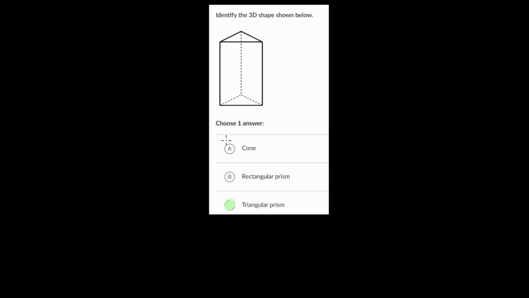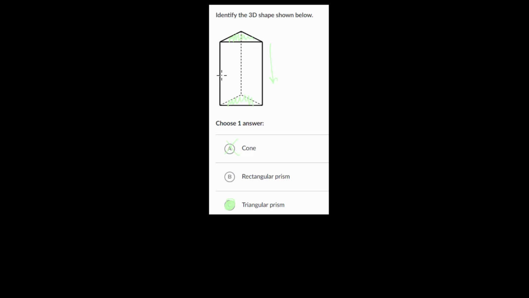We know it's not a cone, we just looked at that. That has to have a circular base. And a rectangular prism would have all of its bases be rectangles. But with this one, notice we have this base here on the top and the bottom. These are both triangles. And we know it's a prism because you can imagine starting at the top and sliding that triangle through the shape so that it perfectly fits through it, and the bottom triangle is the exact same size as the top.